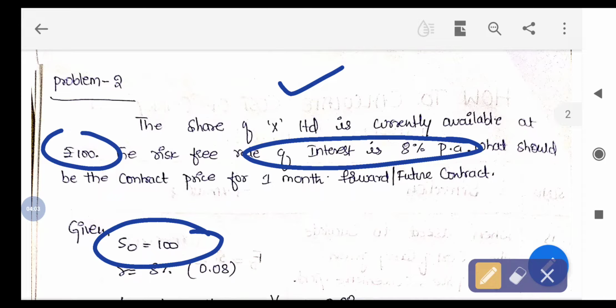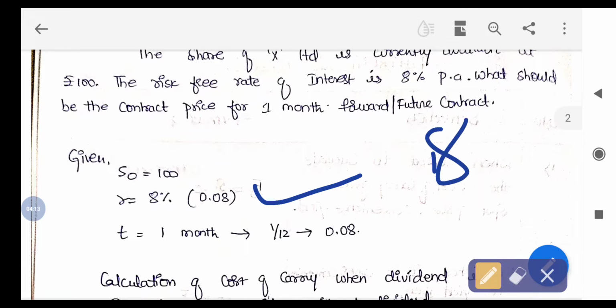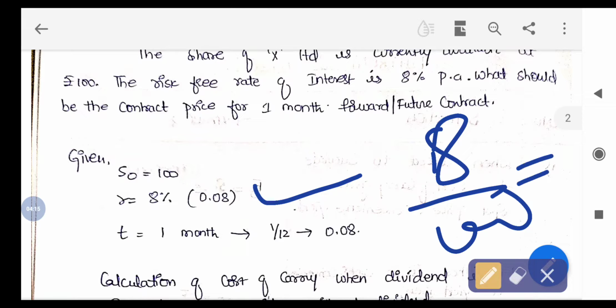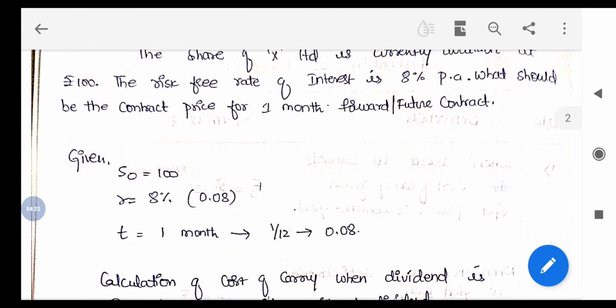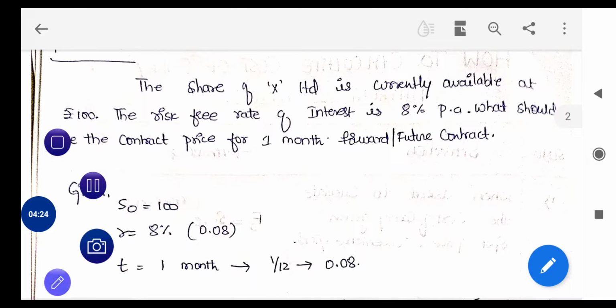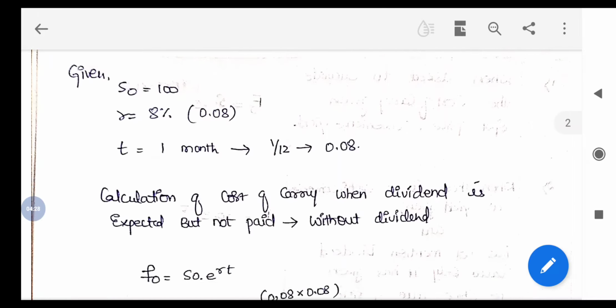We have to convert 8 divided by 100, that is 0.08, and the maturity is 1 month. 1 month means 1 by 12, that is 0.08.